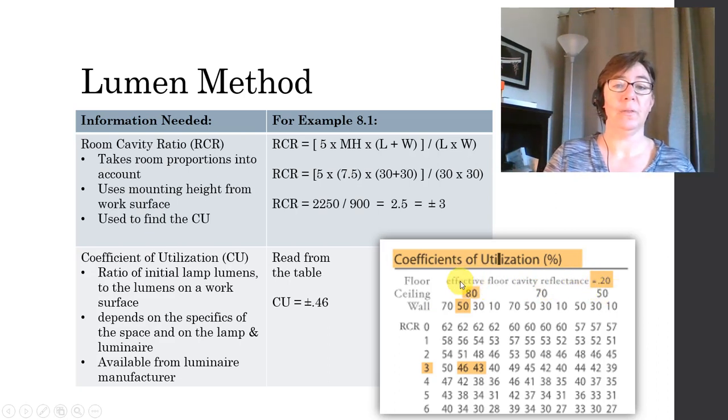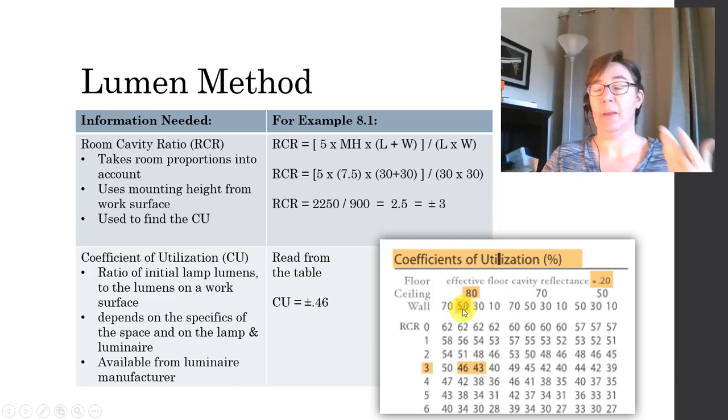Well, we're going to choose the 80% section. In this 80%, you can choose a wall reflectance of 70, 50, 30, or 10. We want to be in the 50 range, because remember that number was given to us. And so this column right here is the one that applies to our project.